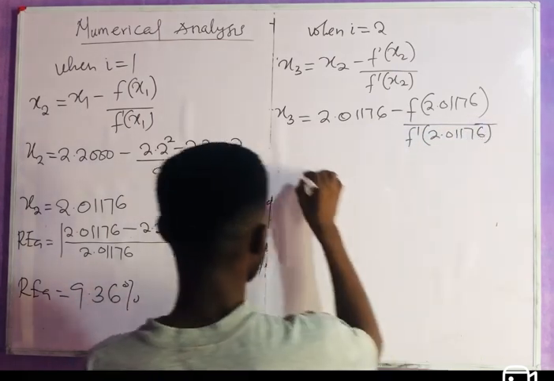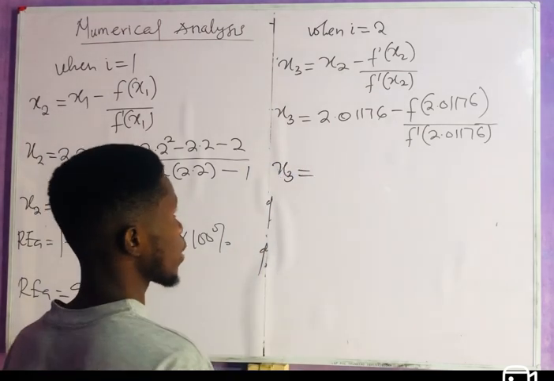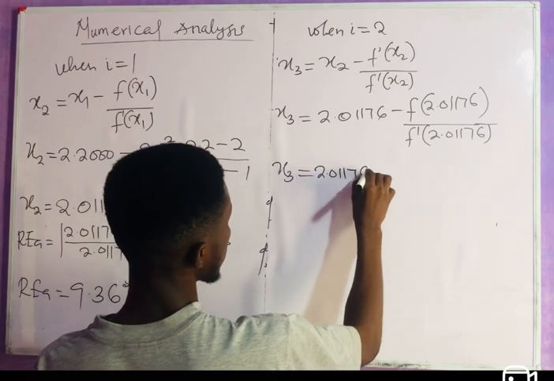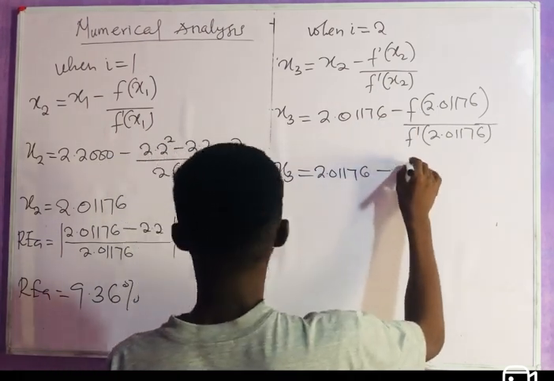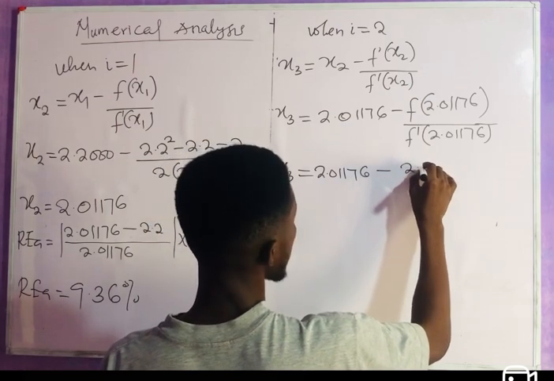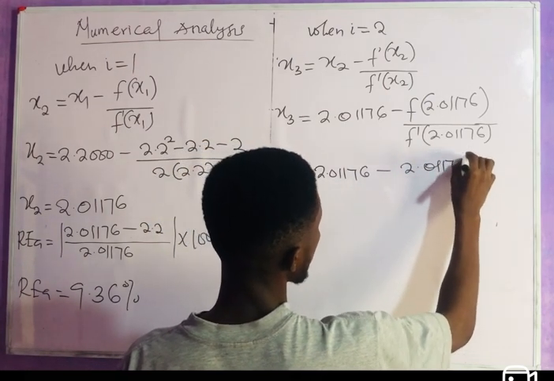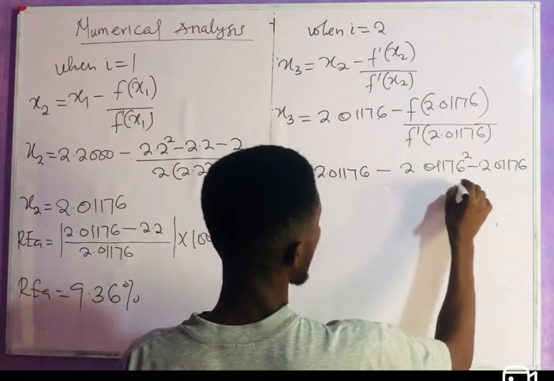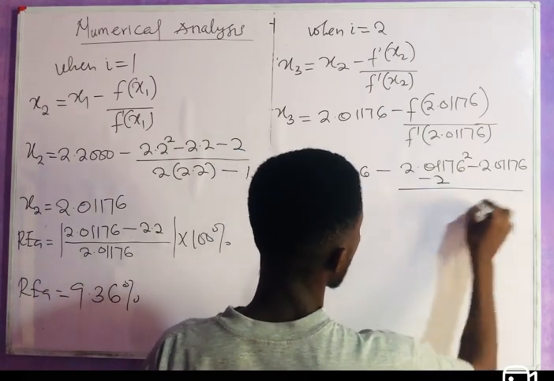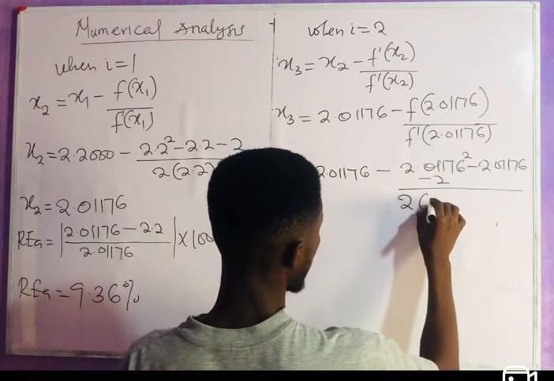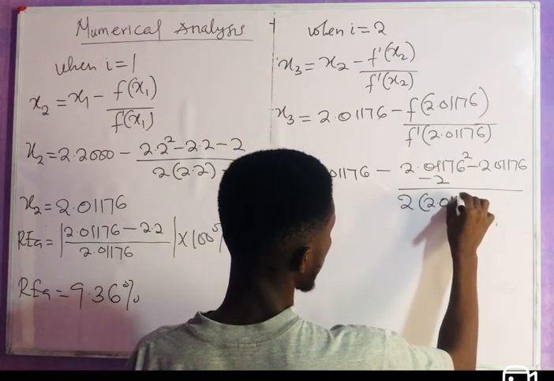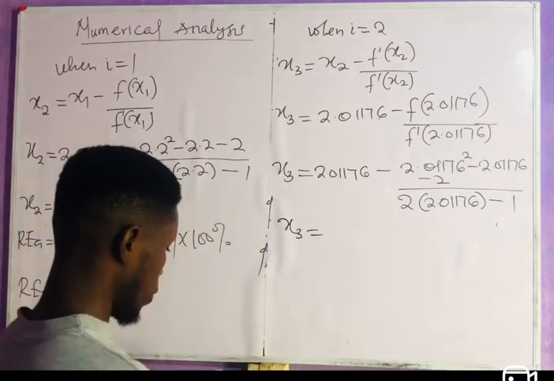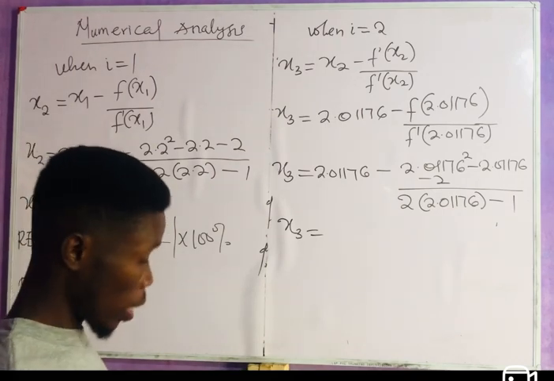So that will give you 2.01176 minus 2.01176 squared minus 2.01176 minus 2, all divided by 2 bracket open 2.01176 minus 1.